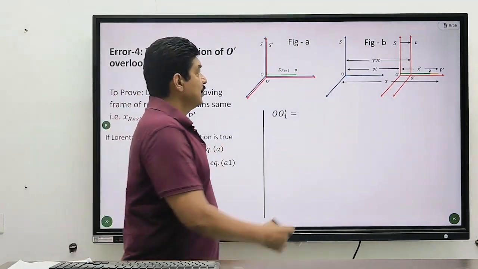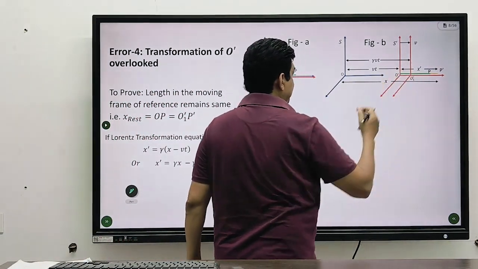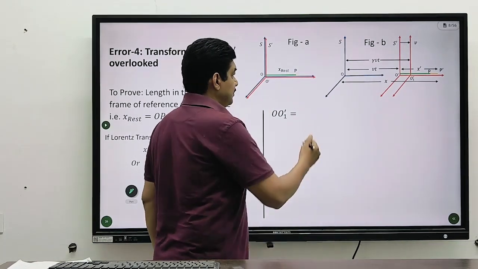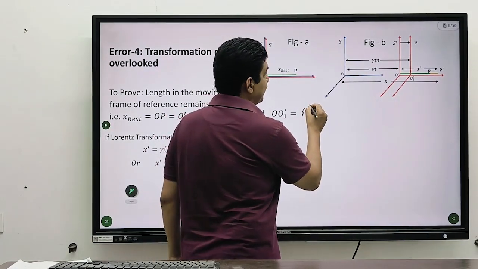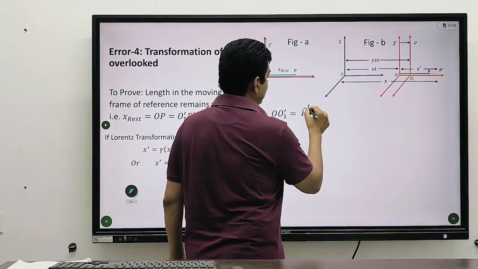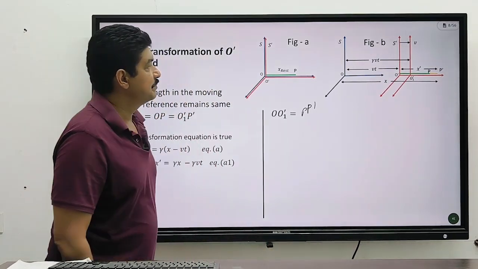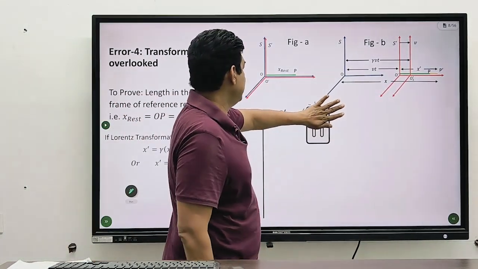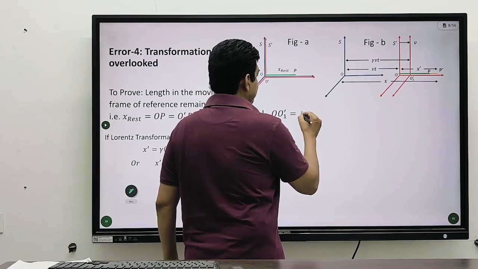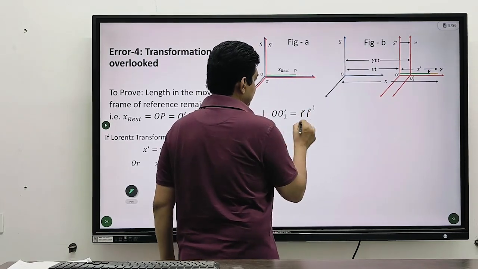Now see, O prime O1 prime is equal to PP prime. I'll write it correctly, PP prime.